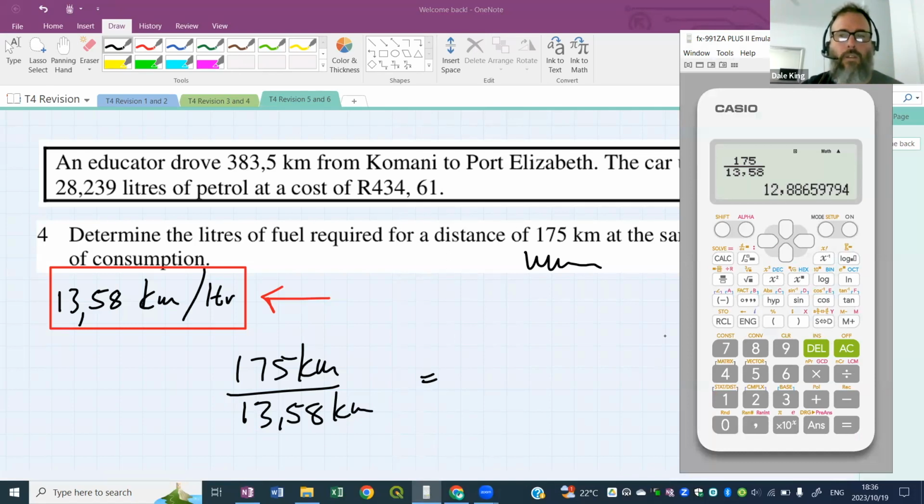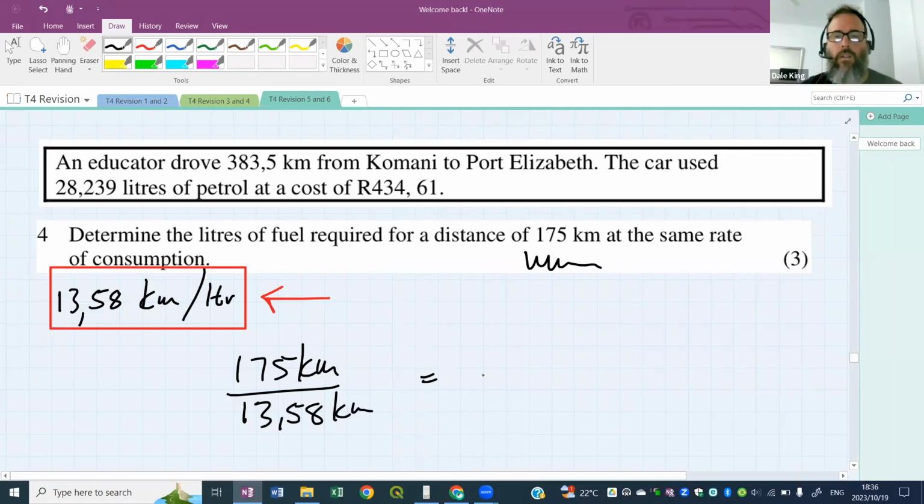that gives me 12.88659. So think about it like this. 13.58 can go into 175, 12.88659 times. All right. And every time we do it, it's 1 liter.